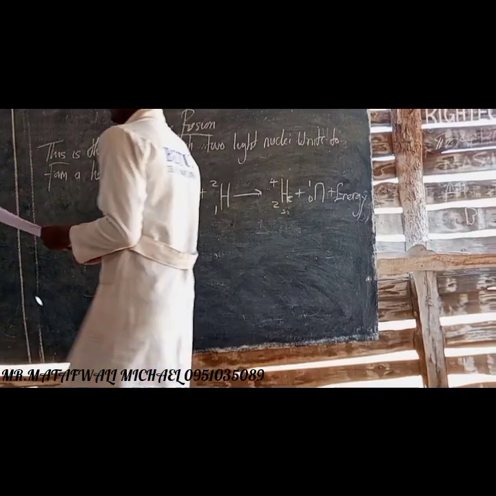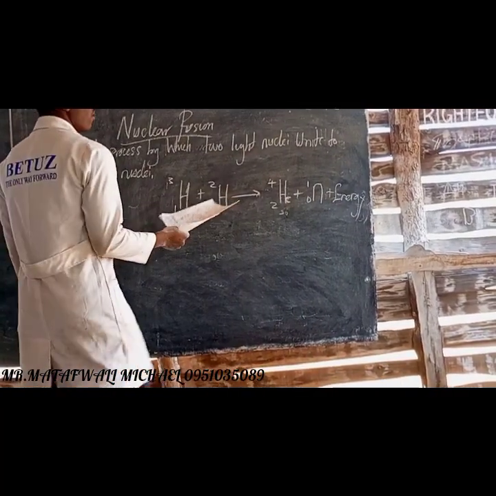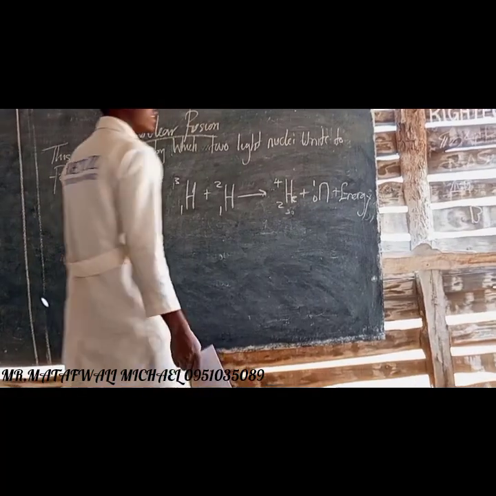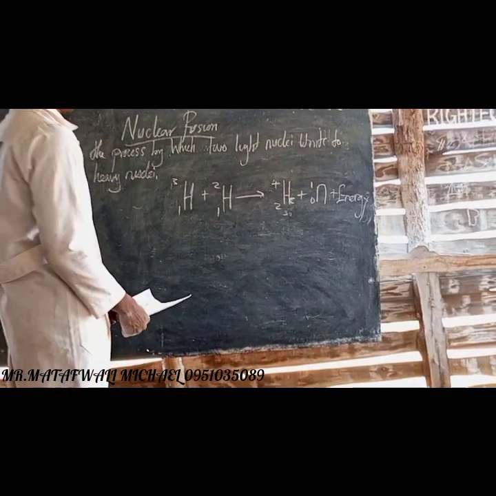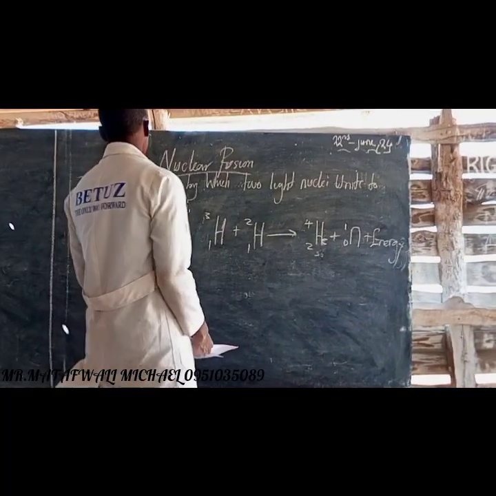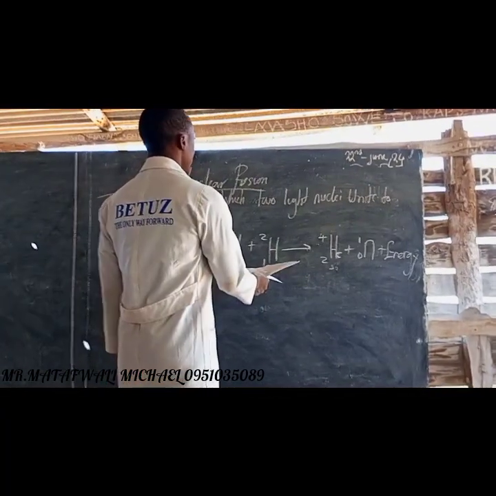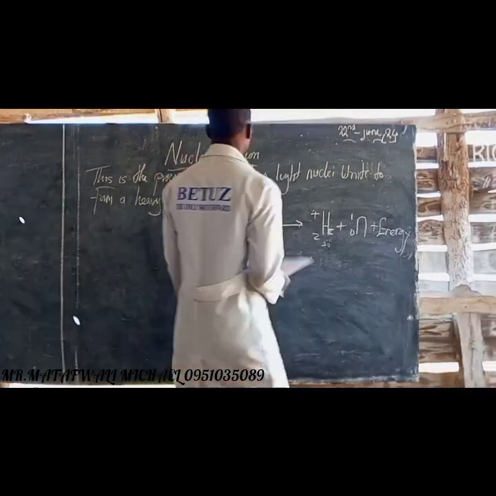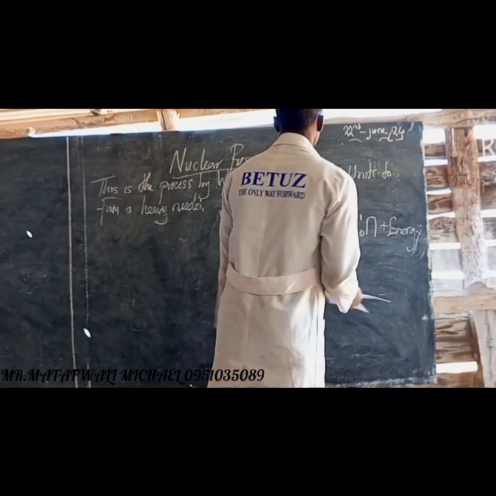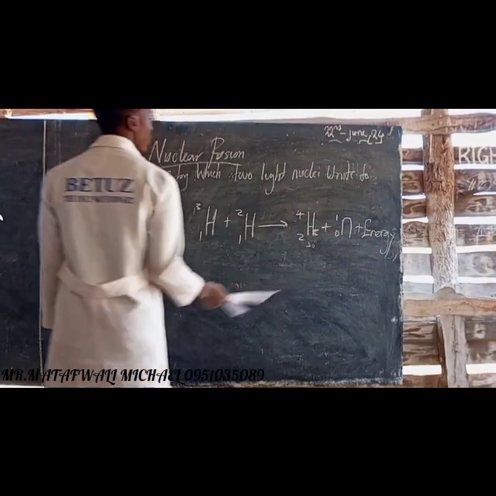So all the processes release energy to the environment. So nuclear fusion, this is the combination of two light nuclei to produce a heavy nuclide.